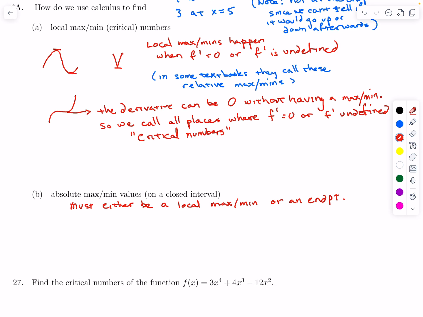So what we do is, to figure out what's going on from calculus, we first find the critical numbers.